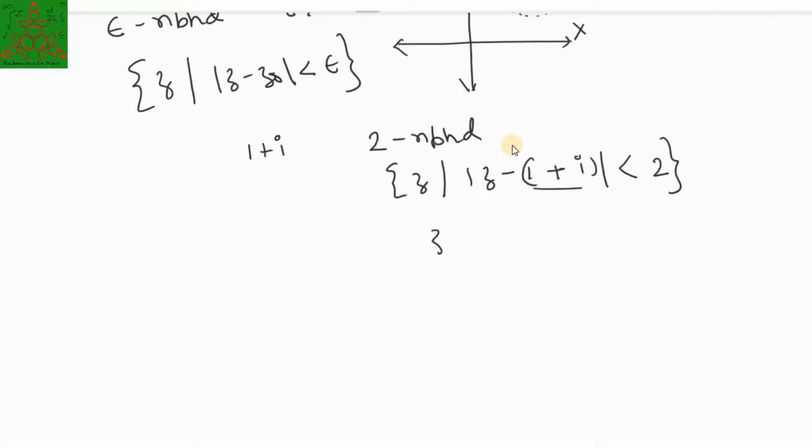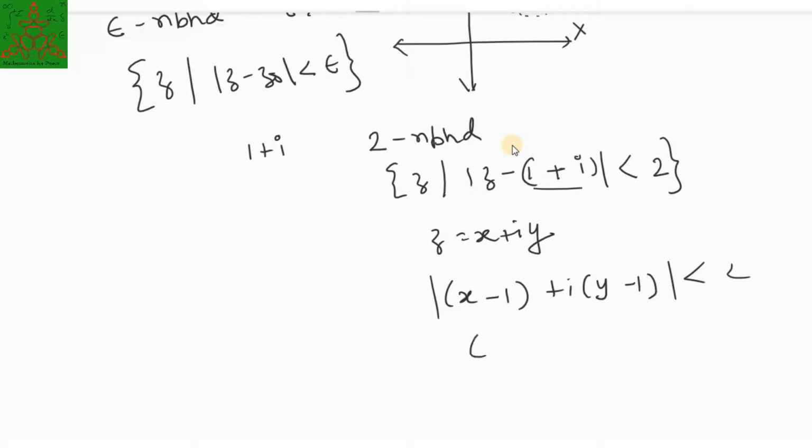If you consider z as x plus iy, this is the modulus of (x minus 1) plus i(y minus 1), which is less than 2. Squaring both sides and using the definition of modulus, we get (x minus 1) squared plus (y minus 1) squared less than 4. This is nothing but the disk with center (1, 1), the point here, and radius 2.